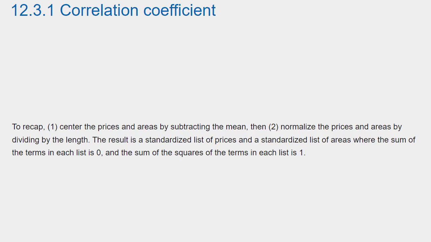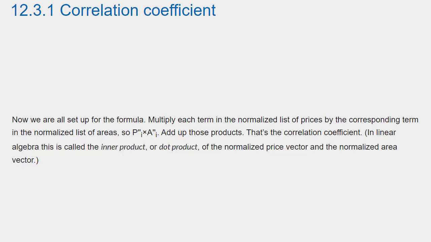The result is a standardized list of prices and a standardized list of areas where the sum of the terms in each list is 0, and the sum of the squares of the terms in each list is 1. Now we are all set up for the formula. Multiply each term in the normalized list of prices by the corresponding term in the normalized list of areas.